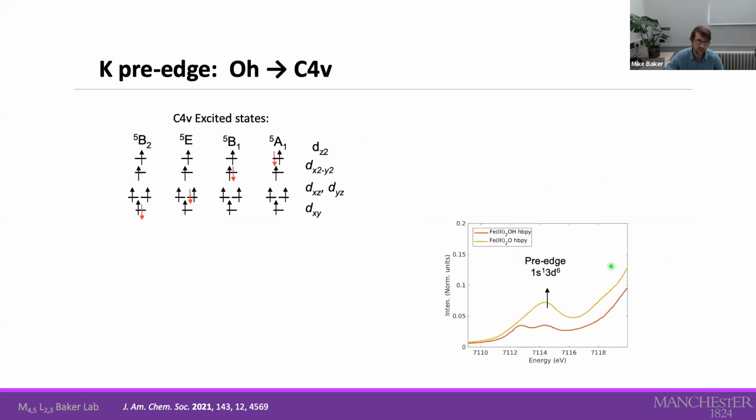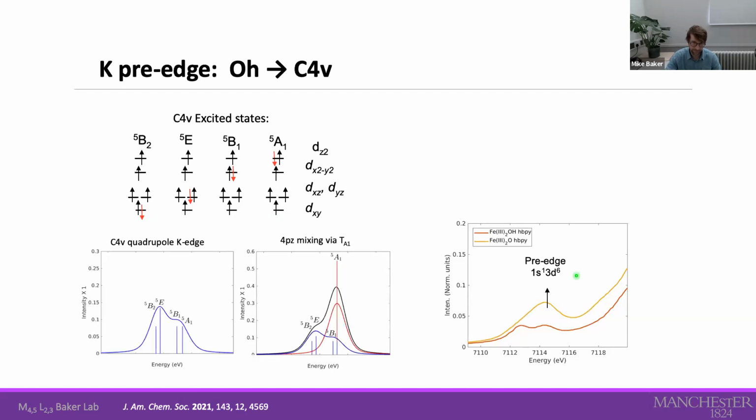Something else is going on. So what's going on here is that we're having an enhancement of intensity due to the non-centrosymmetric coordination environment. So as we go from octahedral to C4v, this allows some 4p z² character to mix into the 3d z².